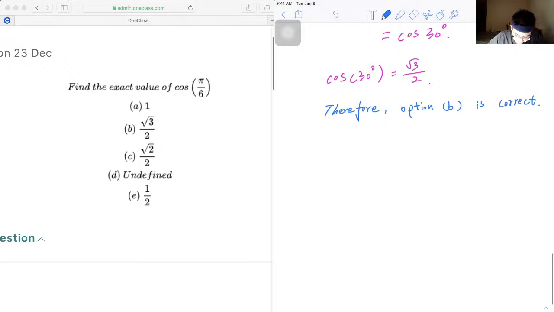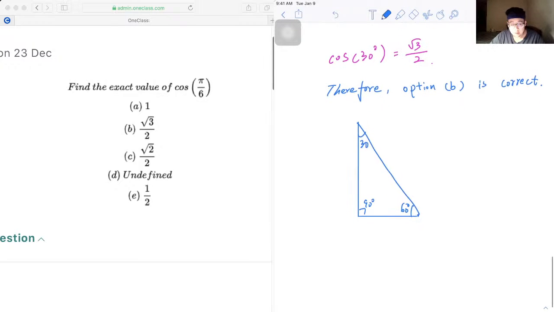Oh, and if you're wondering why cosine 30 is root 3 over 2, we can draw a right triangle. Let's say 30, 60, and 90. We know the ratio of its sides should be 2, 1, and root 3. Cosine theta is equal to adjacent over hypotenuse.